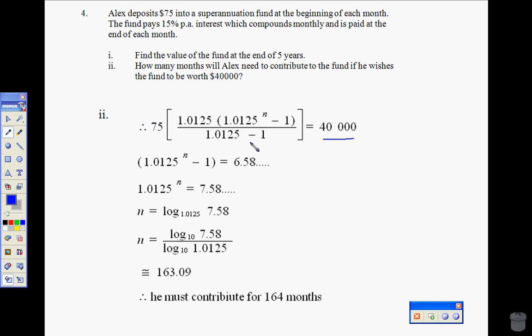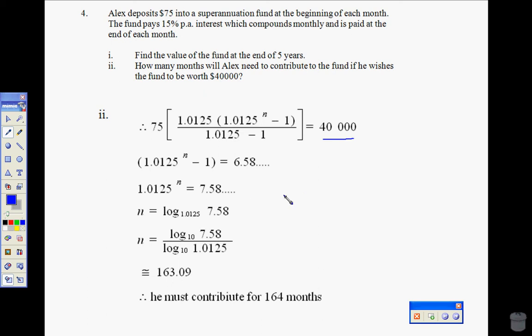You can do your calculation here and divide by that amount, or you can multiply by this amount and then divide by that amount. It's up to you which way you do it. That leaves me with this amount equal to 6.58, and it keeps going on your calculator, which means 1.0125 to the power of n would equal 7.58. Keep that in your calculator, don't round it off.